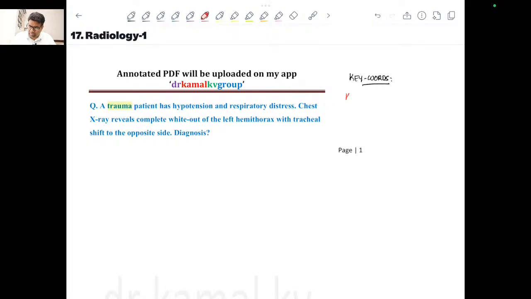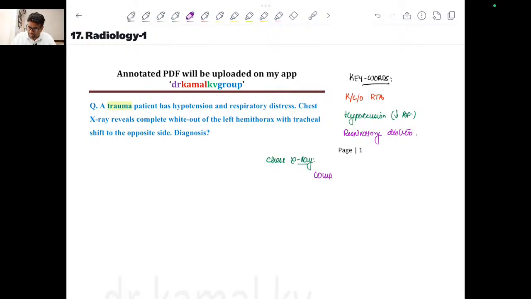Patient is a known case of, say, road traffic accident, and then patient is having hypotension, right? That is decreased blood pressure. Patient is having respiratory distress also. Now, what is given in the chest X-ray?